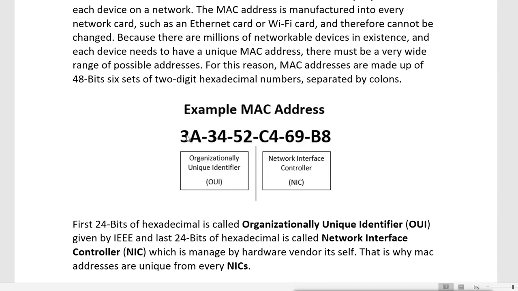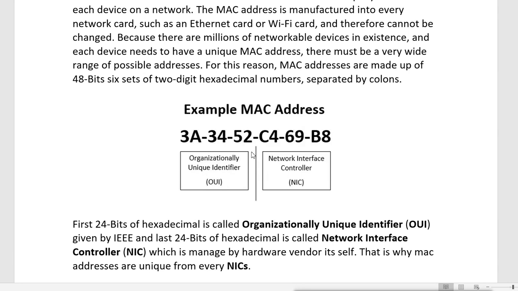If one machine's MAC address is the same as another machine's, it will create a big problem. Your data will not be sent, and you will get corrupt errors. So it is very important to have every MAC address different from every other MAC address in the world.